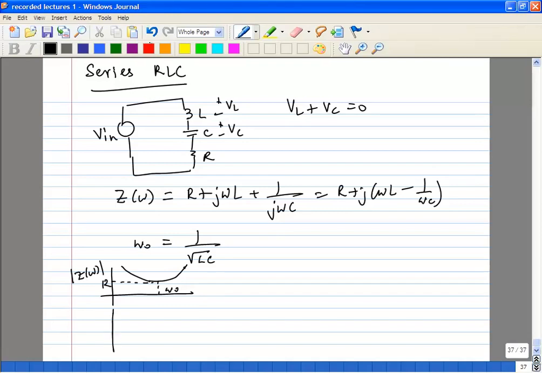Similarly, if you try to plot the phase, the angle of Z of omega, it starts off at minus 90.